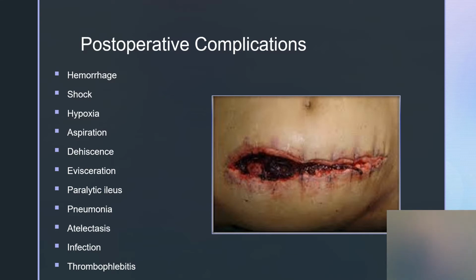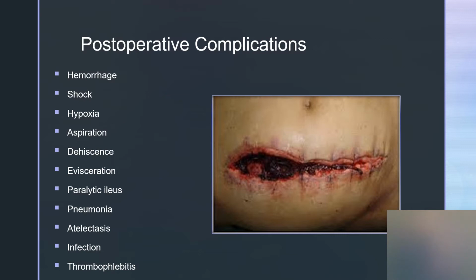Residual drug effects, pain, positioning, pooling of secretions, or an obstructed airway can all cause hypoxia, which is another complication. Oxygen and suction equipment should be available, and it's necessary for the PACU nurse to assess for signs of cyanosis and dyspnea.